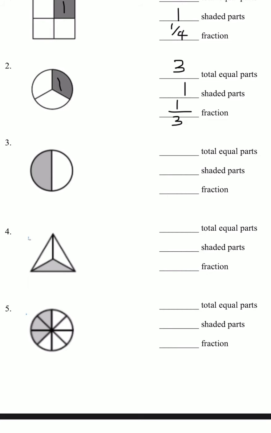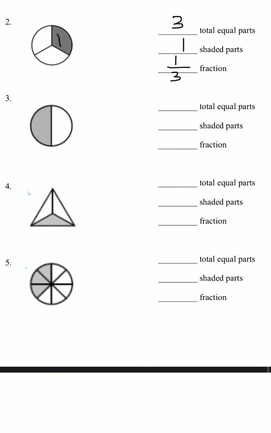Now let's try one more. Let's try number 5, sorry. So we have 1, 2, 3, 4, 5, 6, 7, 8. 8 total equal parts. And then we have 3 shaded parts. Fraction is going to be 3 over 8. Okay?